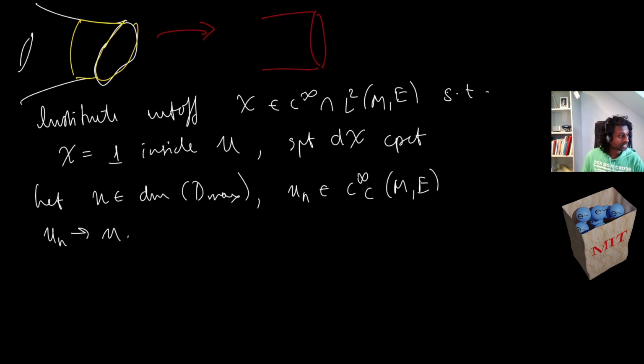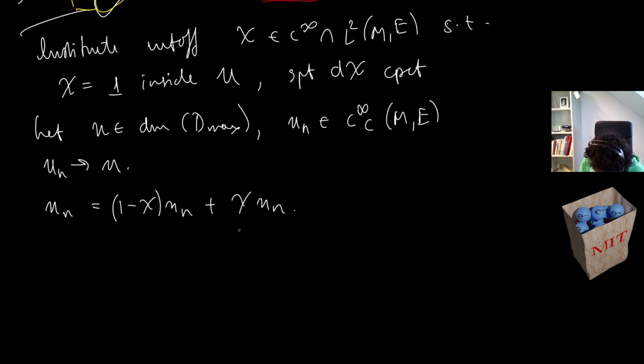So then you would instead look at u_n equals 1 minus chi of u_n plus chi of u_n. And now this is compactly supported near the boundary.